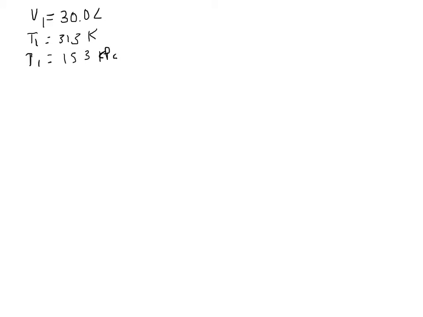What would the volume be at standard temperature and pressure? Remember, standard temperature is 0 degrees Celsius or 273 K. Standard pressure is 101.3 kilopascals, and they want to know what the volume would be at that point.